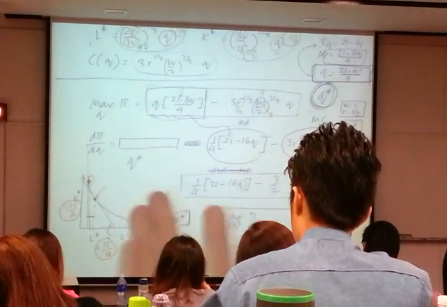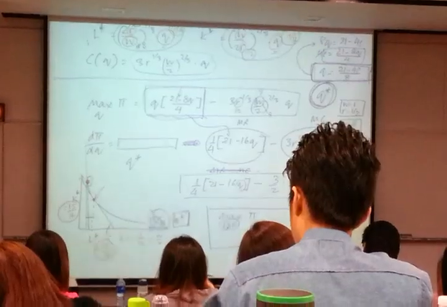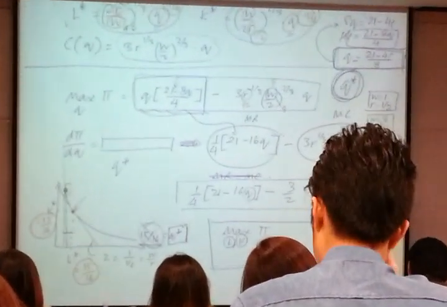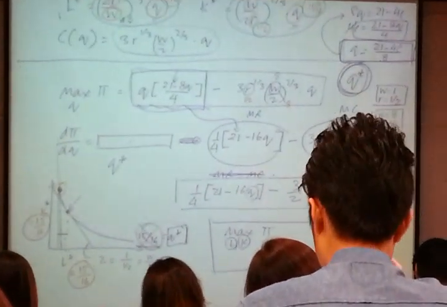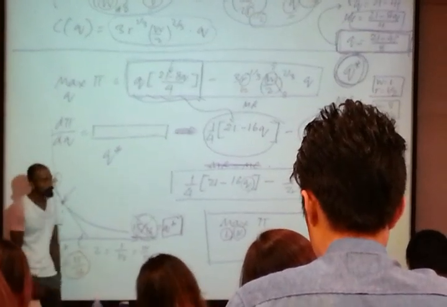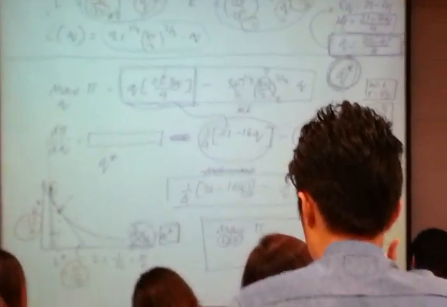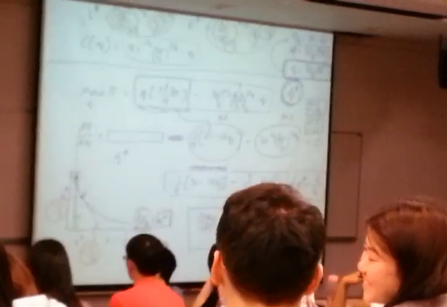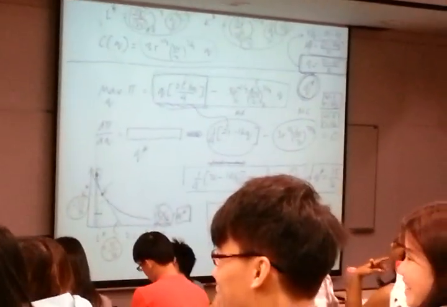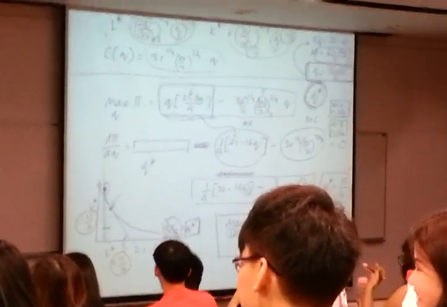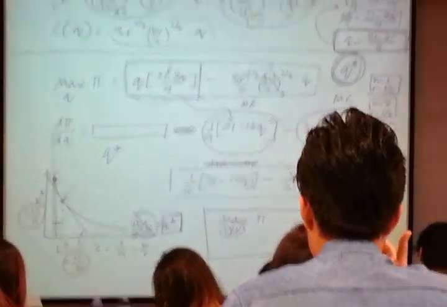I solve the same problem in the same manner, I get my Q. That will be your new profit maximizing level. And that profit maximizing level of output is 15 over 32. Okay, 15 over 32.